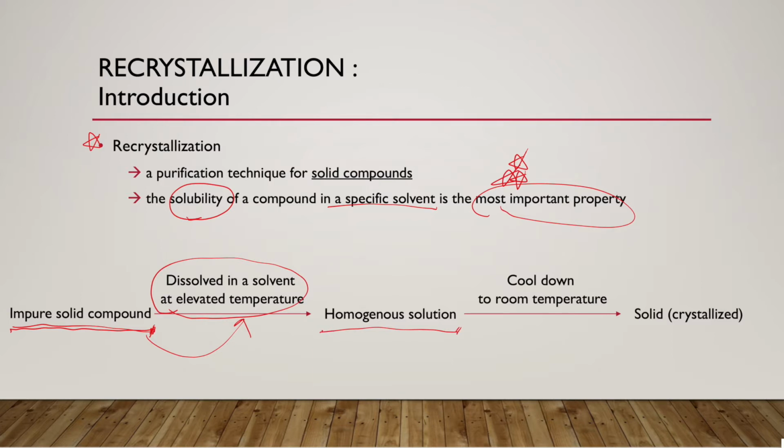And that's pretty much done. After making this homogeneous solution at elevated temperature, all we have to do is cool down the solution to room temperature. And slowly, once the temperature drops to room temperature, eventually we will obtain the initial solid compound back.